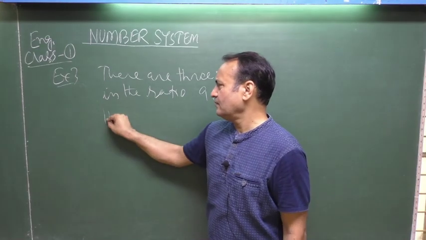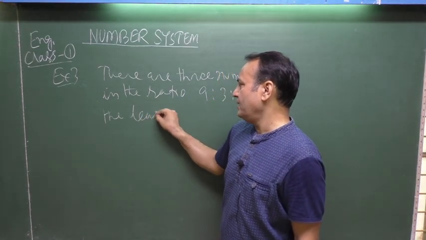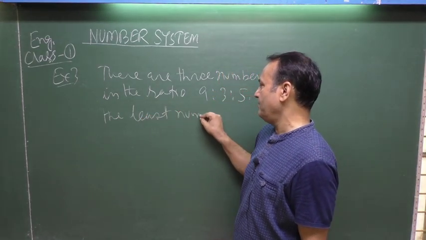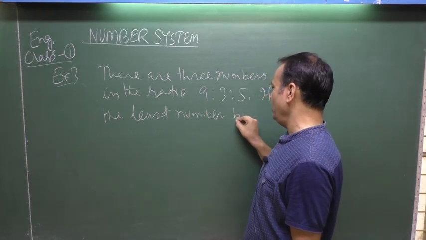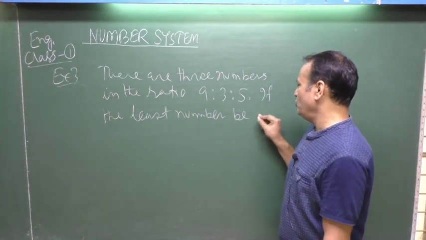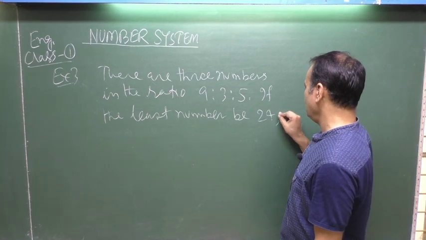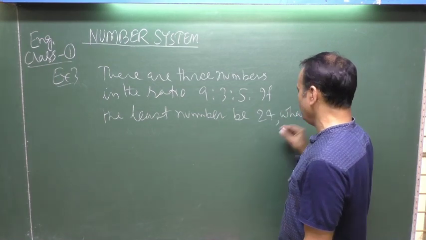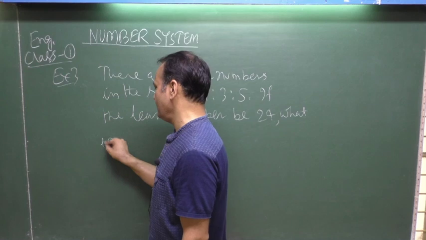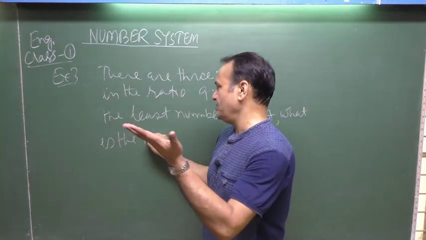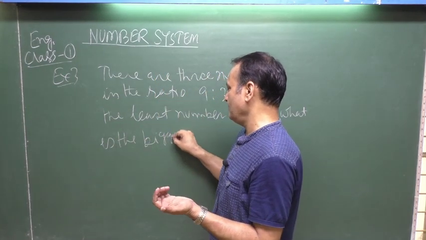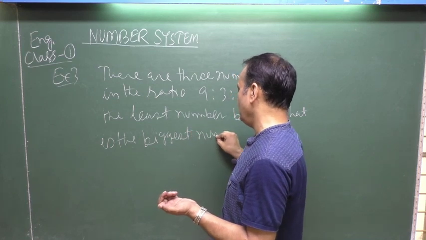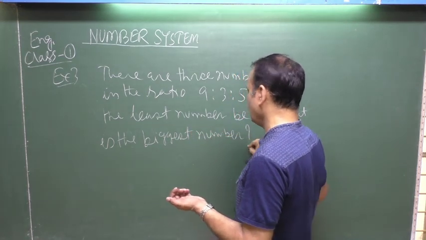If the least number be 24, what is the biggest number? Biggest number. See here.